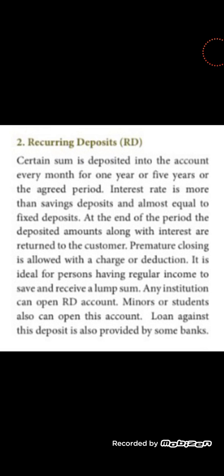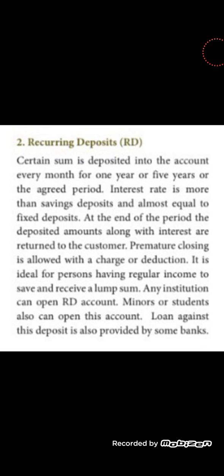Every month the person has to deposit the same amount. For example, 500 rupees every month in his recurring deposit account. It will mature after 5 years. That is recurring deposits.